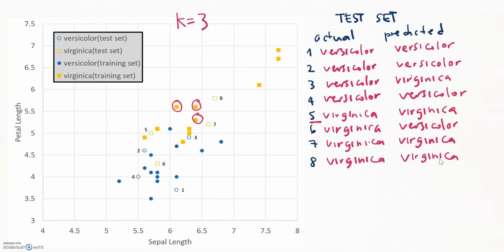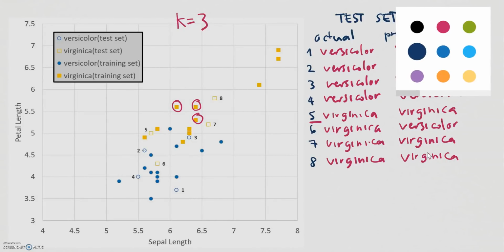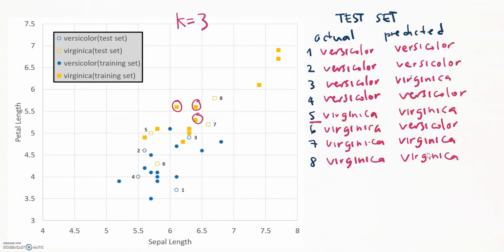In other words, we will ask ourselves, has the k nearest neighbors been able to predict all the actual classifications correctly? If not, which of the classifications and how many of them did it get wrong? How you can summarize the results of such a classification is in the confusion matrix.